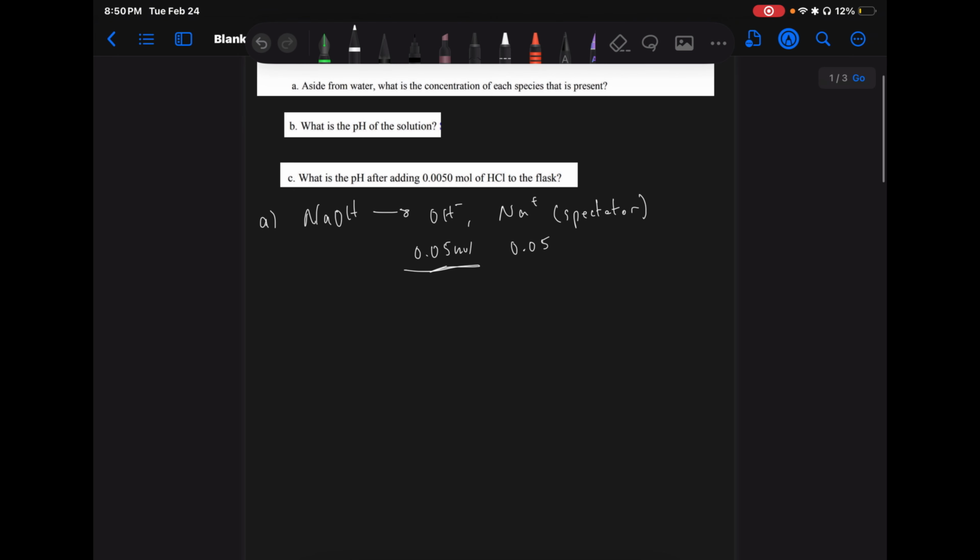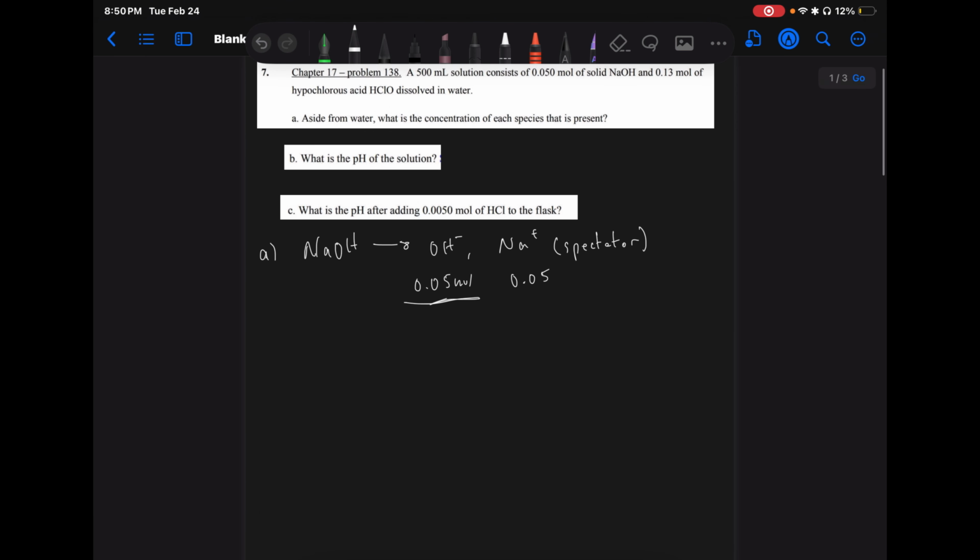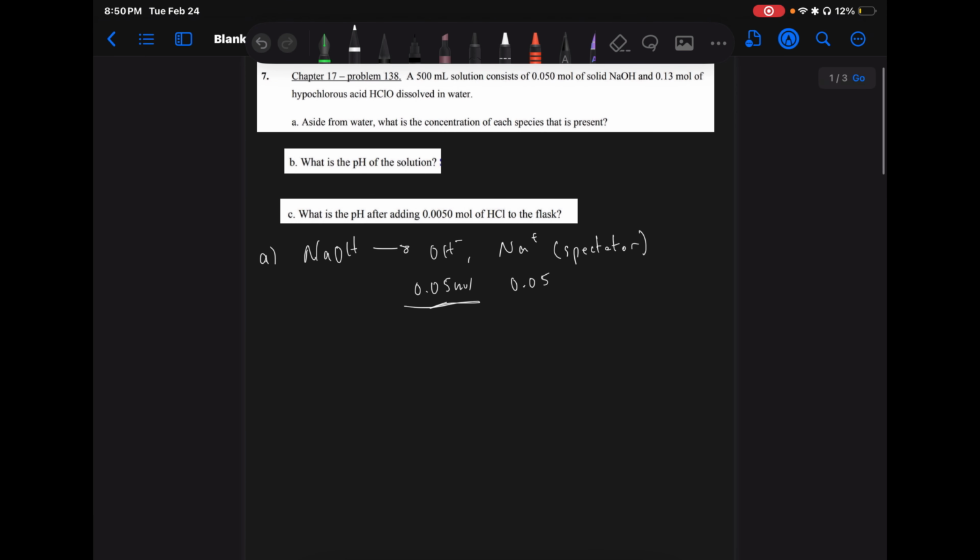Next, because this is a strong base, the hydroxide ions will react completely with the hypochlorous acid, or the HClO. I need to memorize the strong acids still.